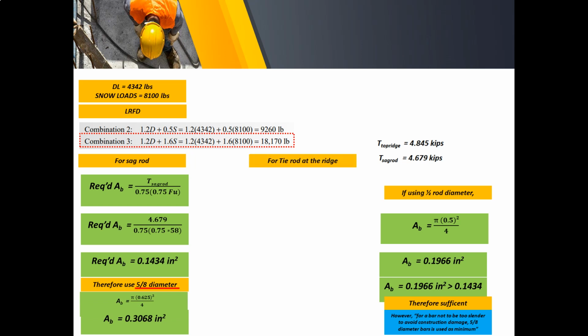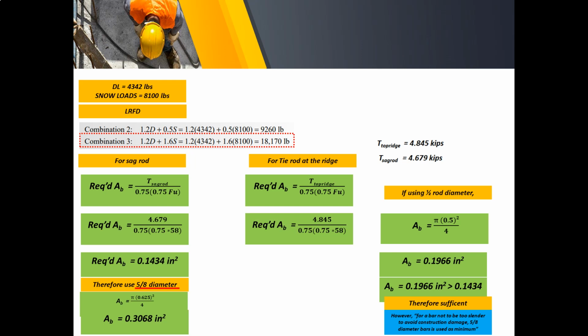Now for the tie rod at the ridge, we use the same formula. This time, we'll just have to substitute the force on the top ridge, and that force was actually computed and is horizontal.